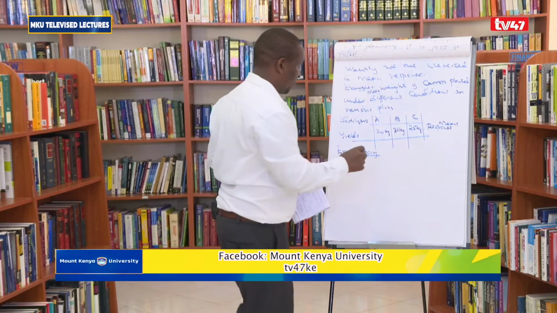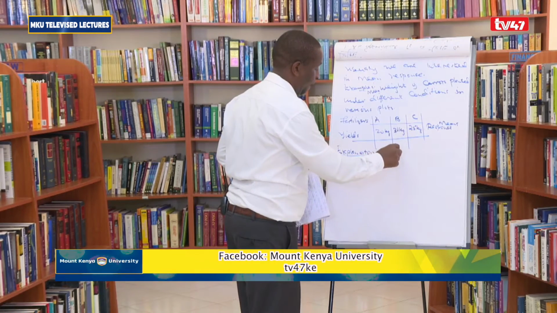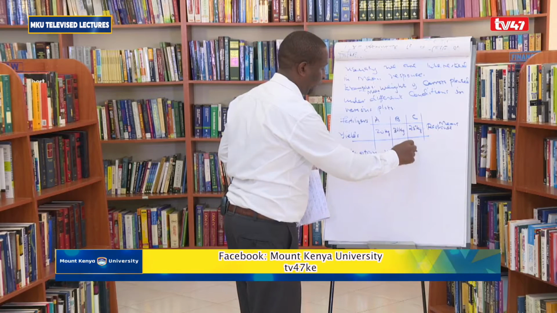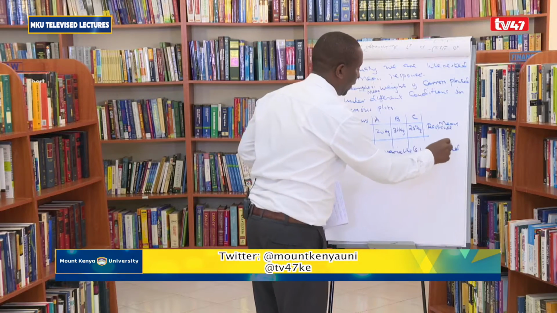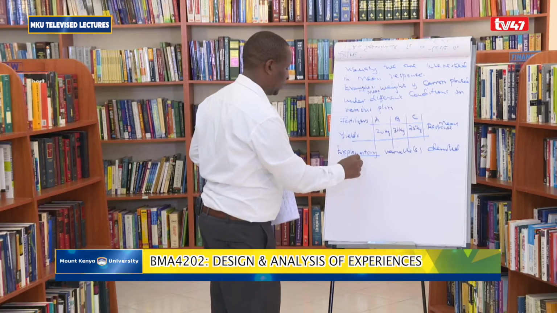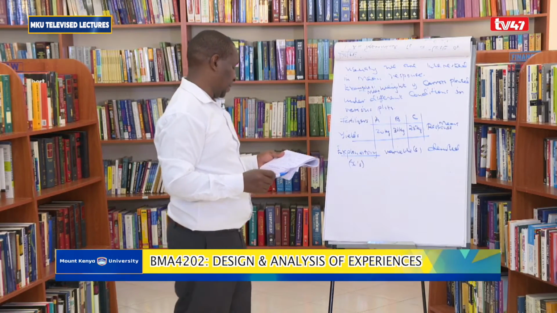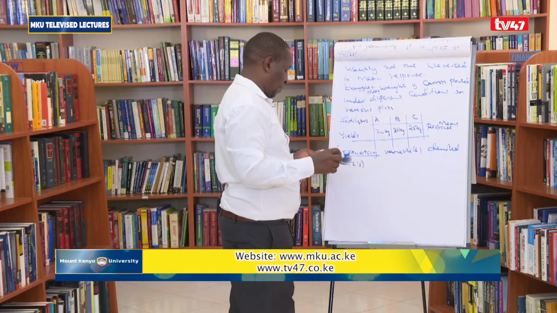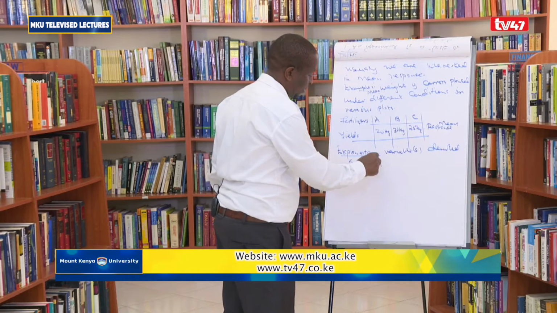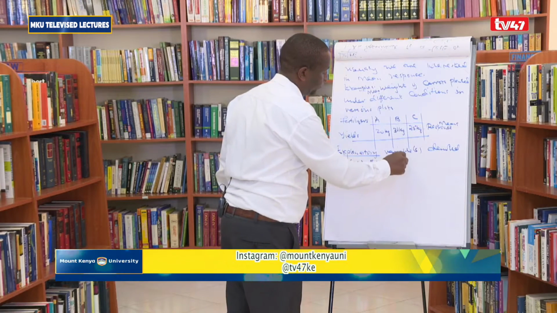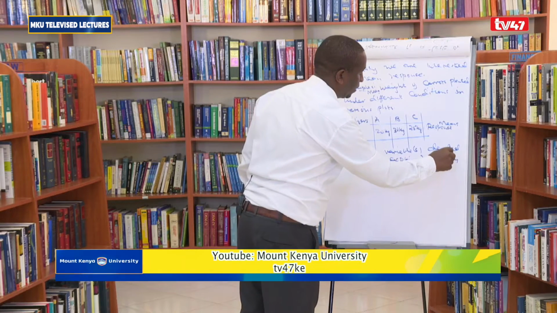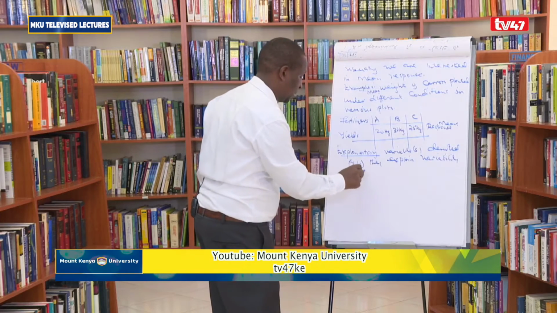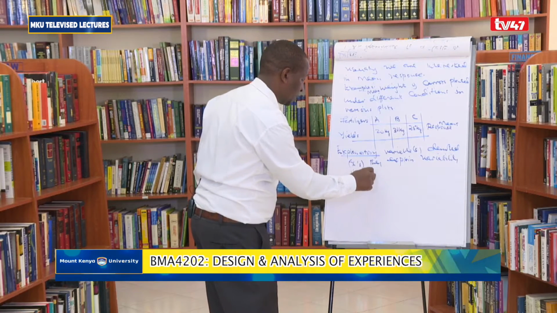Now, explanatory variable or variables are usually denoted by X, X_i like that, and they explain the variability in response.